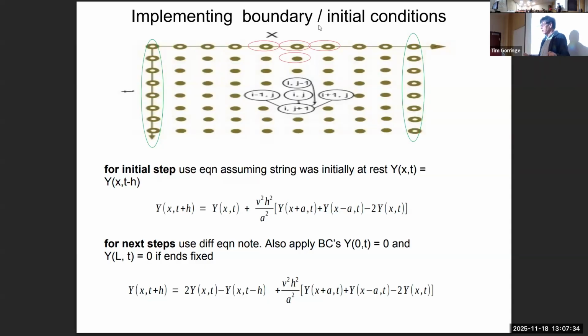So that's a boundary condition. Now that's a choice of the type of problem I'm solving. I could have the string able to move at the two ends of the string. So that would be an open-ended string rather than a closed fixed string. Or I could have one end open, one end closed. So that would be another problem too. So I'm just picking as an example the case where the two ends are fixed.